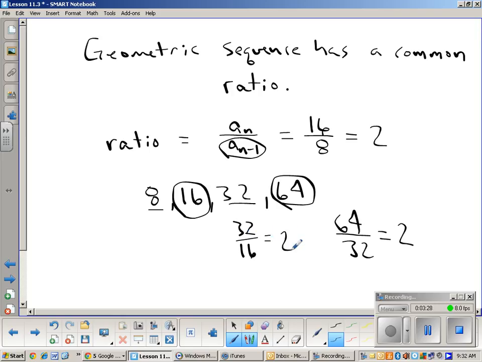And we already said 16 divided by 8 is 2. And so in every one of these, we had a common ratio of 2. So it's geometric. I'm multiplying by 2 each time. Any questions on how to find the ratio, how to test whether it's geometric? Any questions on what is a geometric sequence?